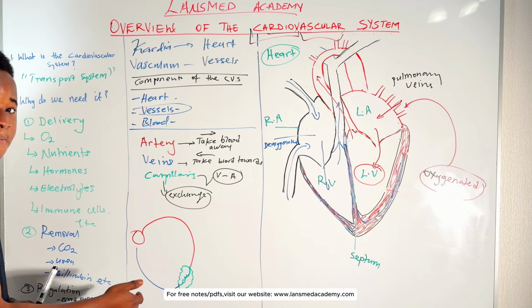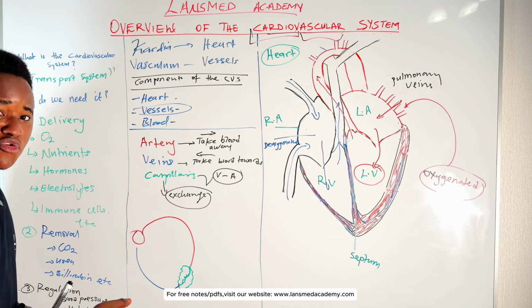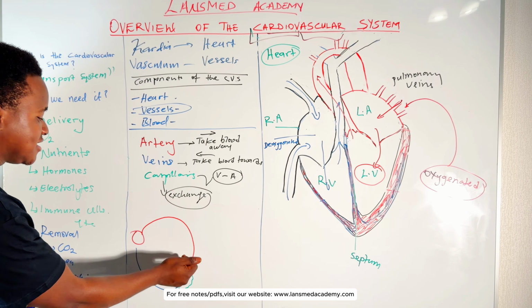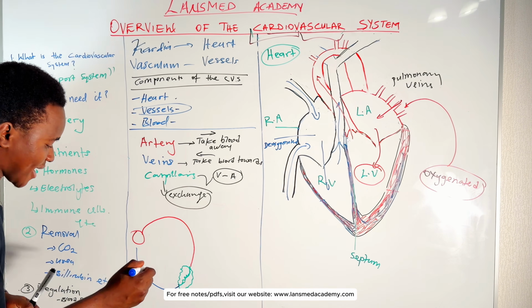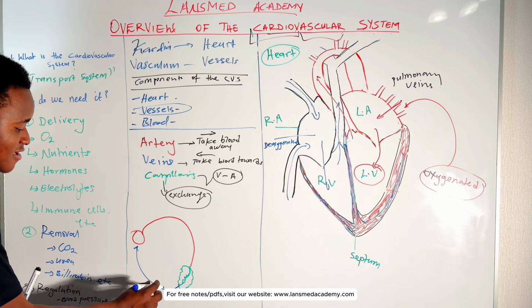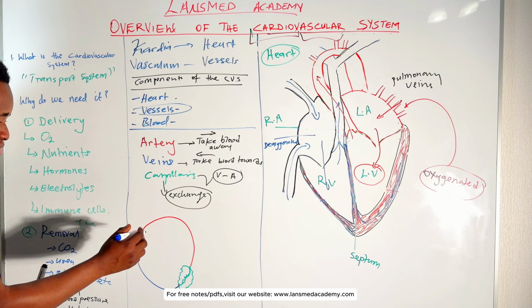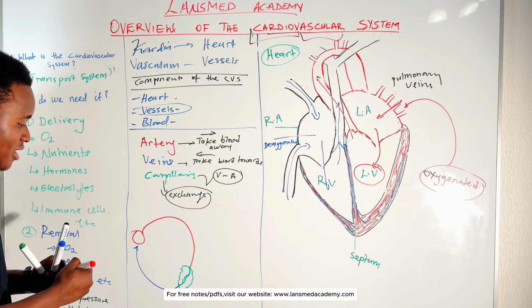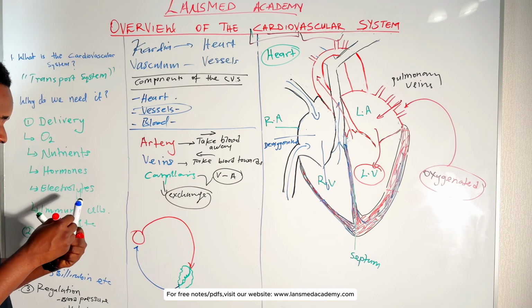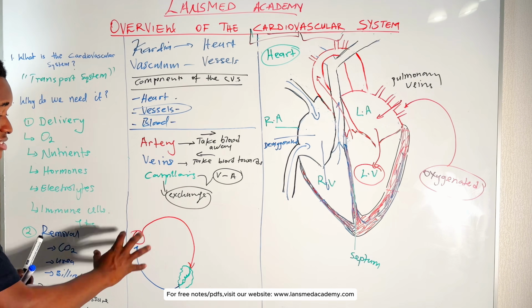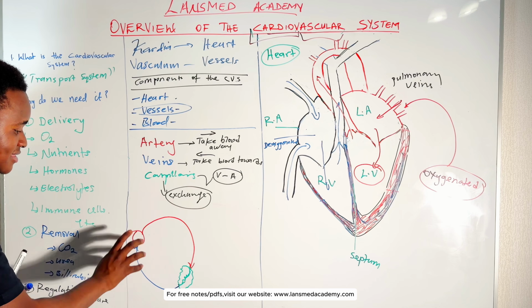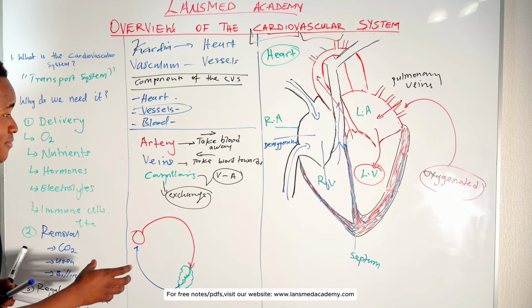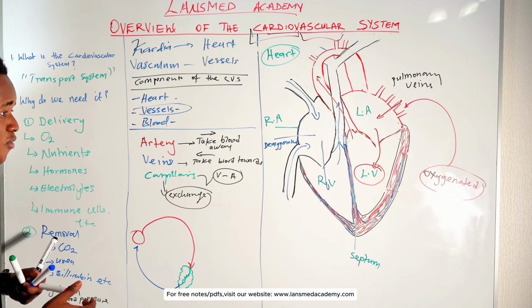It can be oxygen, it can be hormones, it can be nutrients, etc. When this exchange takes place in the capillaries, that blood is coming back to the heart via the veins. So arteries are taking it away, and veins are taking it towards. This is the loop, or this scheme explains exactly how the vessel component of the cardiovascular system works.